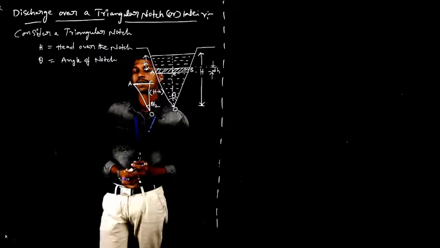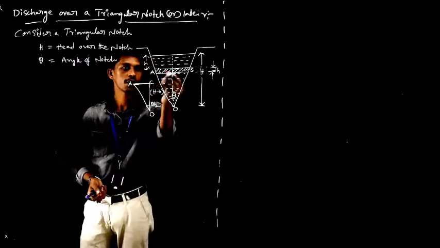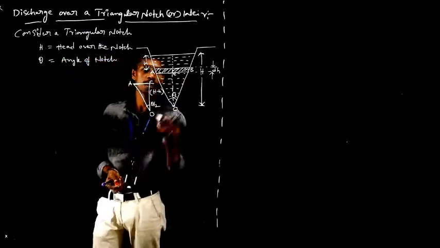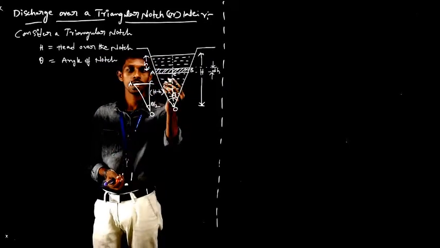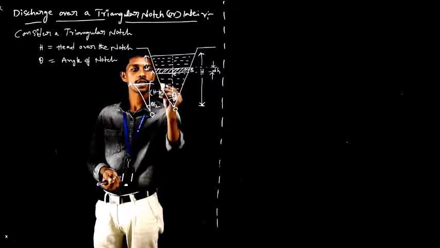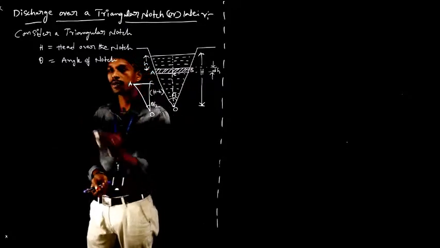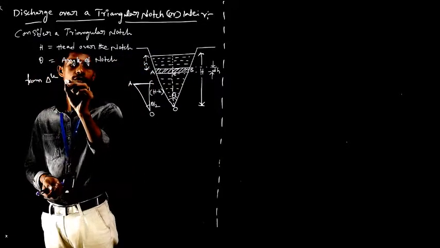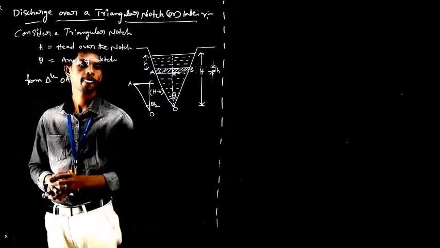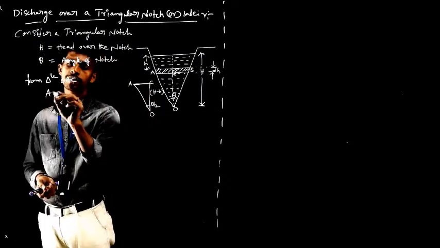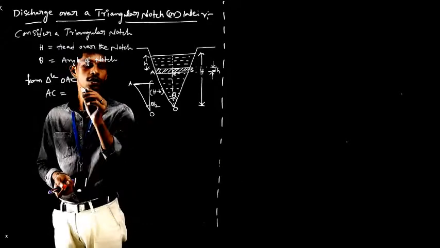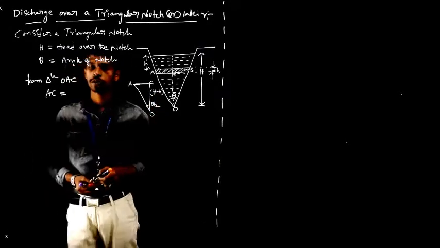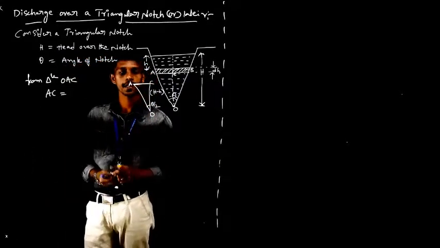So first of all, the area of the strip I have selected is the point I need to calculate. For that, I need the length, right? From triangle OAC, what is the expression for AC? Let us consider tan theta by 2.